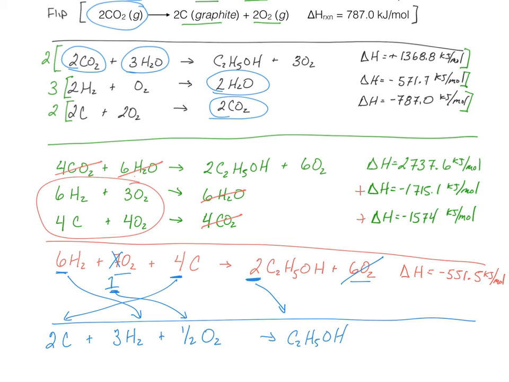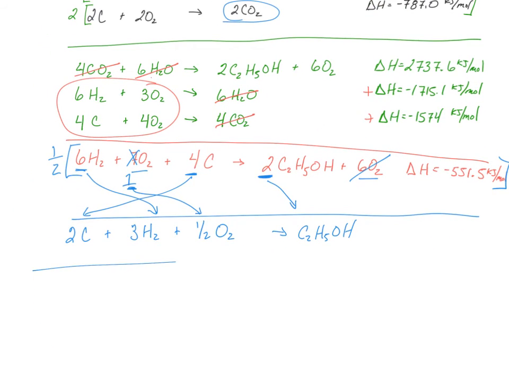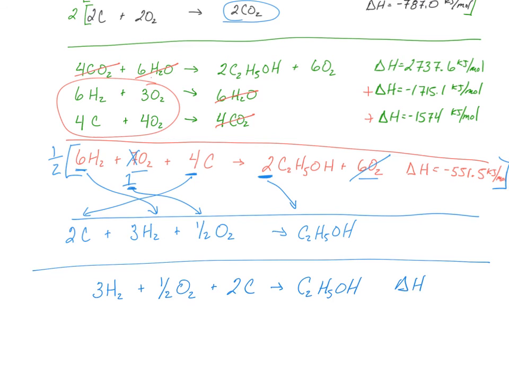And so that means that really what we are going to have to do is divide this by 2 in order to get to where we want. And so if we divide this by 2, we get 3H2 plus 1/2 O2 plus 2 carbon goes to form C2H5OH with a delta H equal to negative 275.75. And this is my final answer.